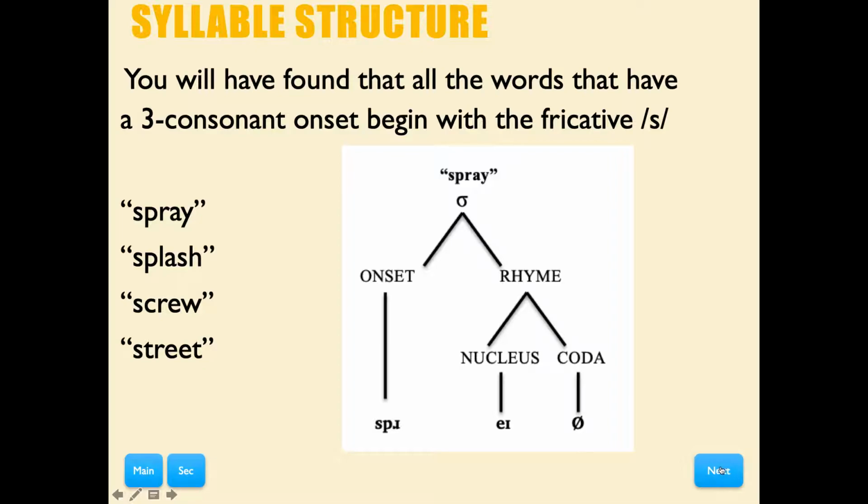But you will find that in English, whenever you have an onset that has more than 2 consonants, it always begins with the fricative s. And this would be the syllable tree for the word spray. A complex onset of 3 consonants and a complex nucleus of 1 diphthong, and no coda in this case. The coda, like we said before, is optional.